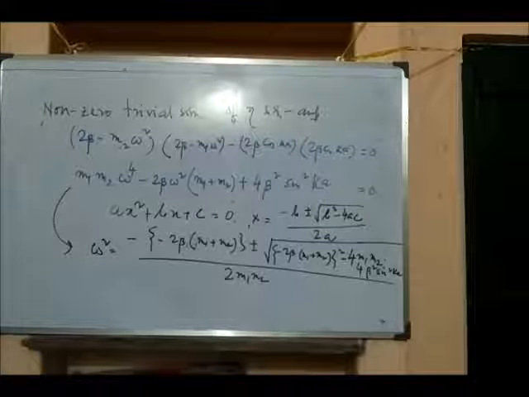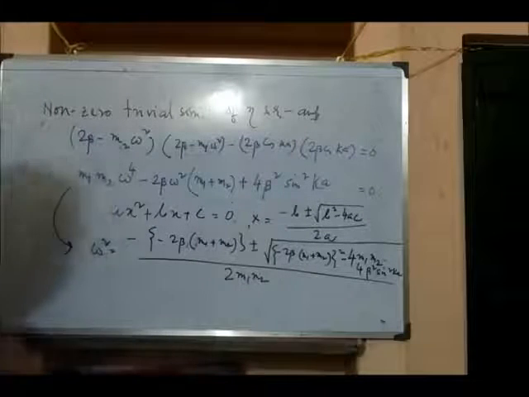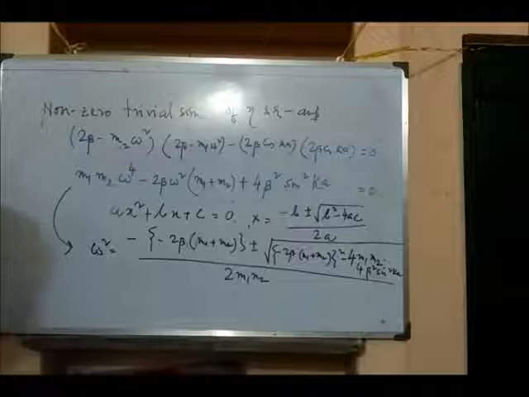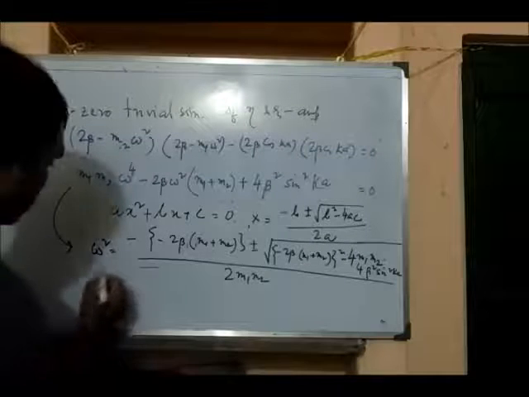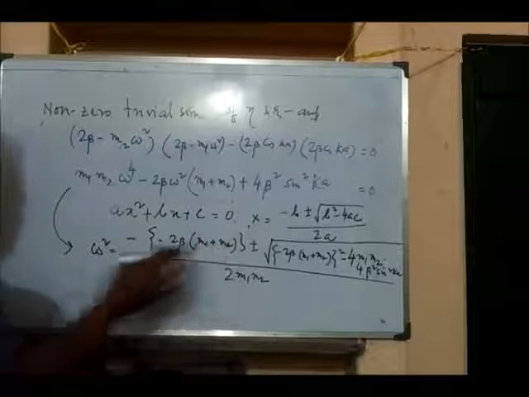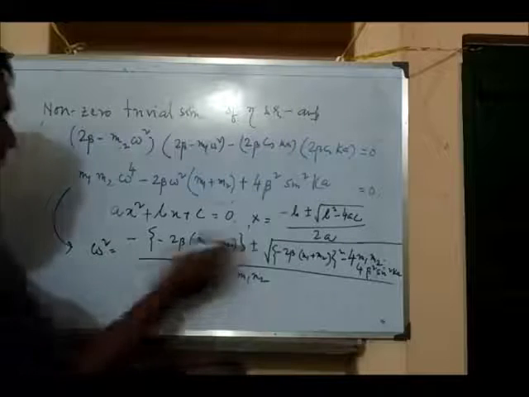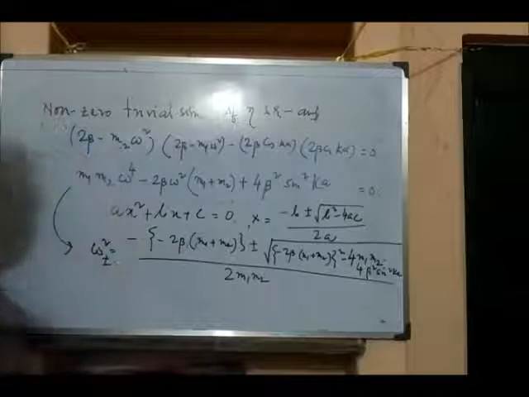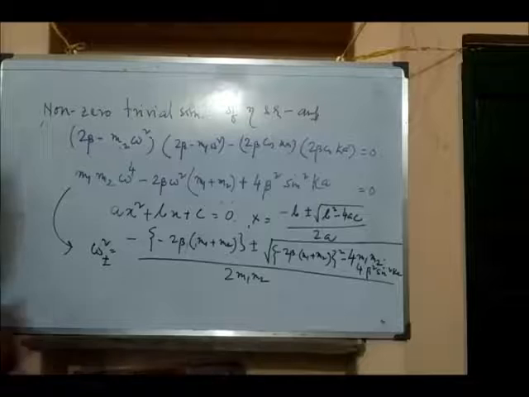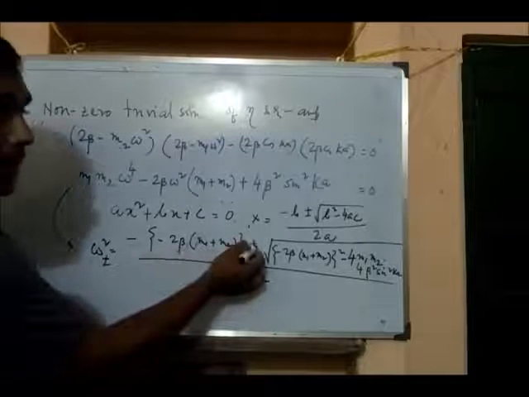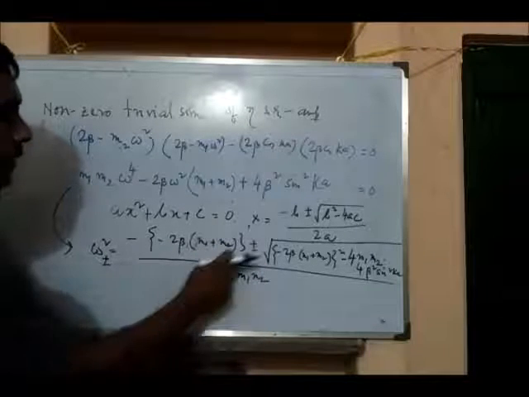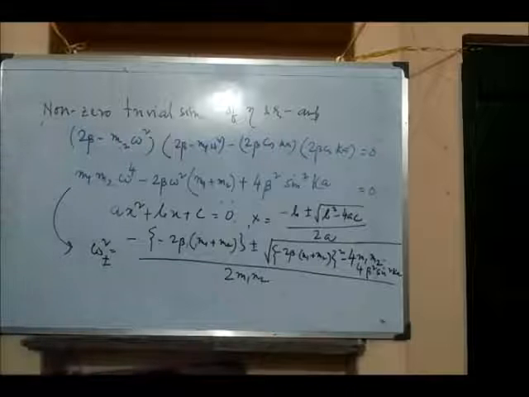So if you divide the whole thing by 2m1m2, you will get, and as this omega has two values, I am writing this as plus minus. For omega plus we are choosing this plus sign, for omega minus we are choosing this minus sign, right?